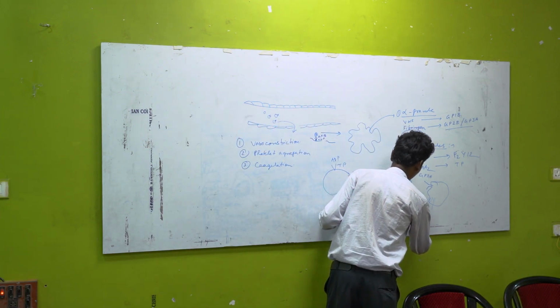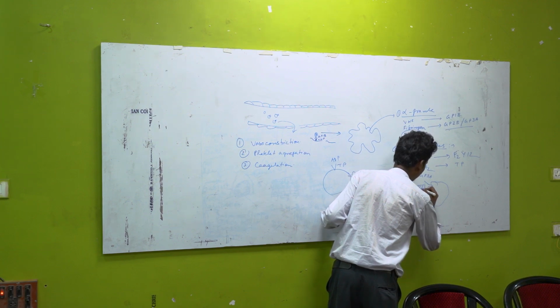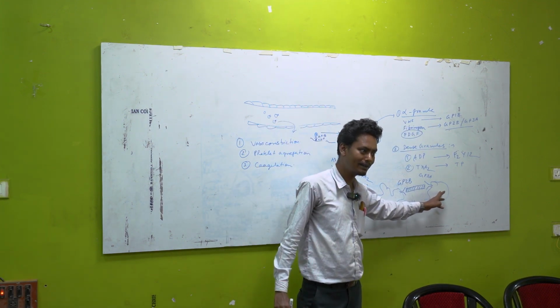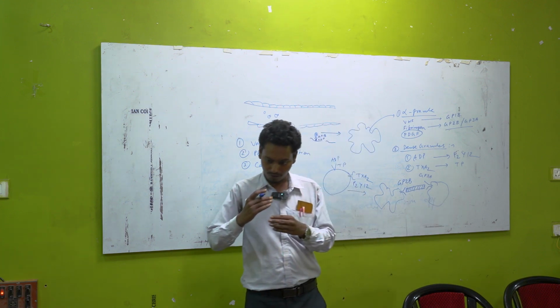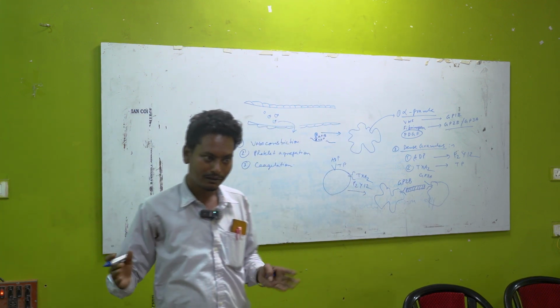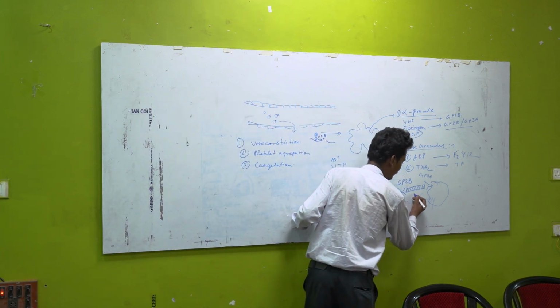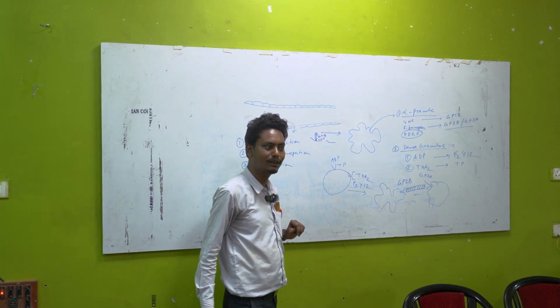Fibrinogen binds with both the receptors to connect these two platelets. By the way, all activated platelets are attached to one another, and fibrinogen acts as the linker molecule. Understand?